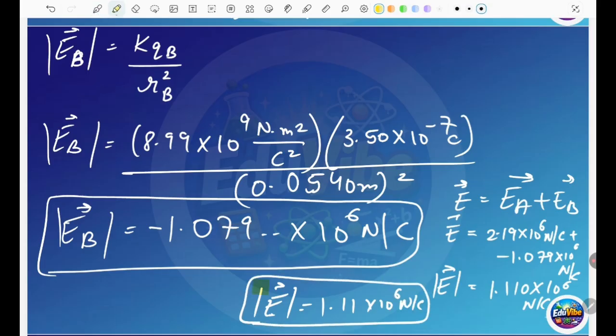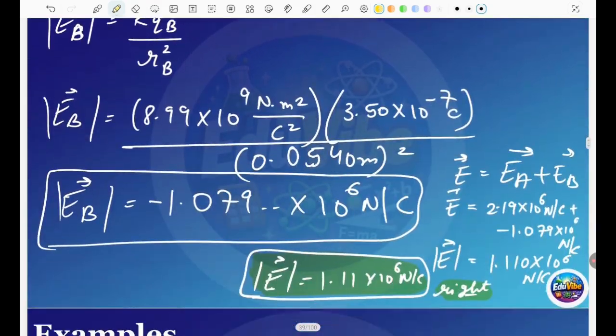So this is your net electric field at P, 1.11 into 10 raised to power 6 Newton per coulomb, and this is positive, which means it is in the right direction. So that's how you have to find this.